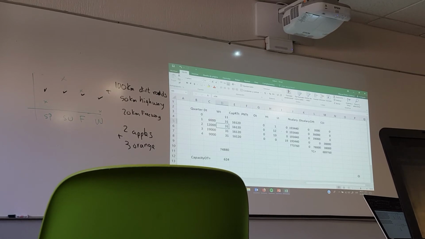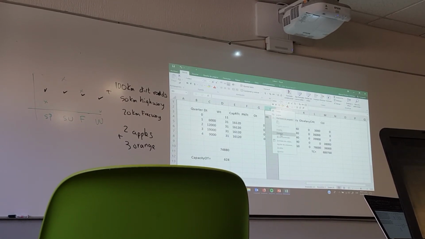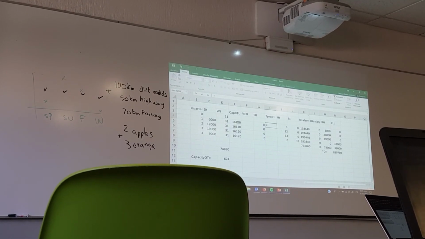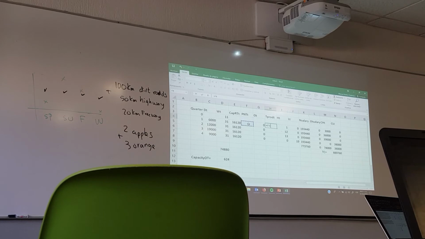Let me add another column here. I'm going to add the total production. Total production of period T is going to be the sum of the regular time production plus the overtime production.